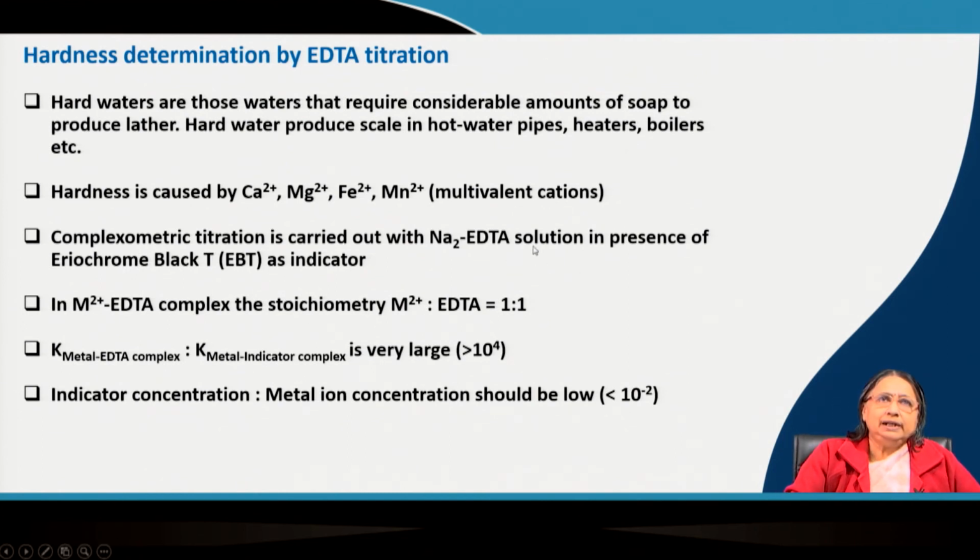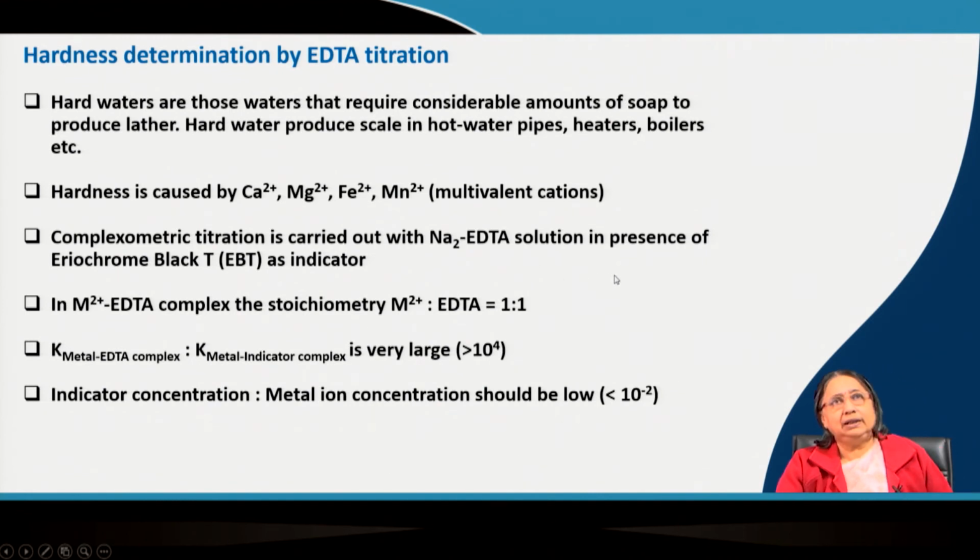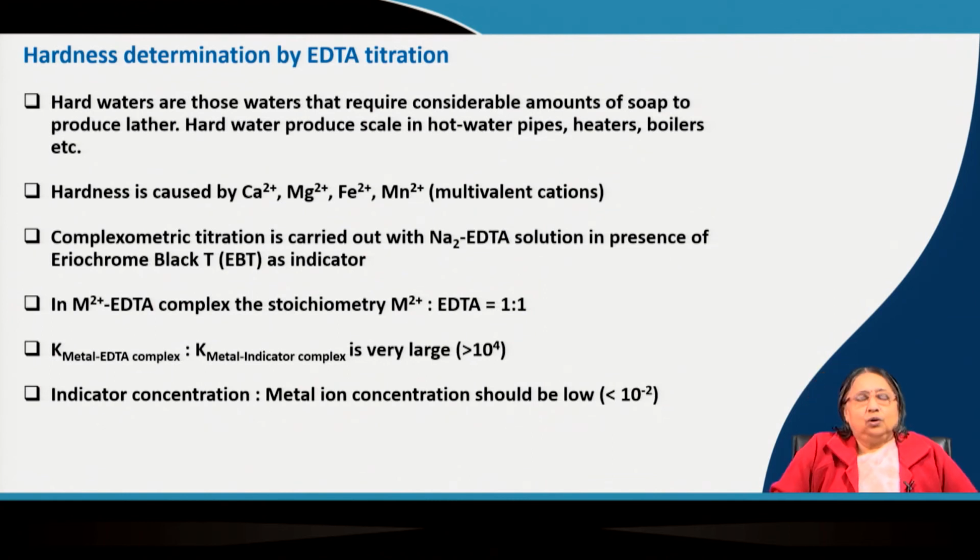Now, slowly EDTA concentration is increased, all the calcium magnesium ions get complexed with the EDTA while reaching the end point. Now, end point is reached. So, all the calcium magnesium ions will be consumed by the EDTA through the complex formation.